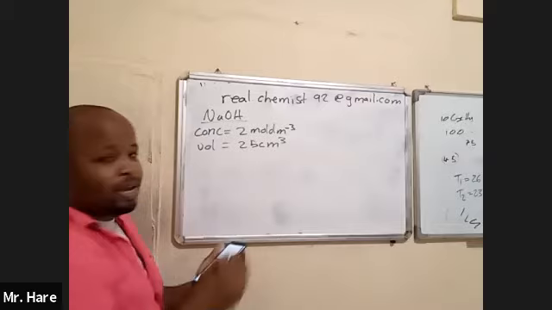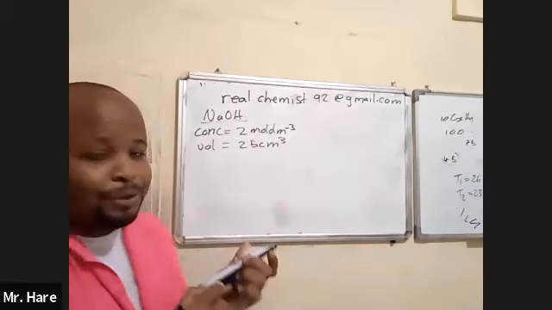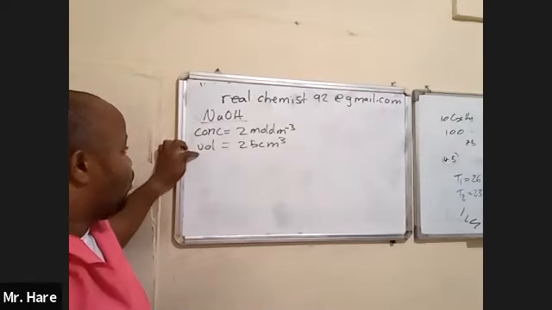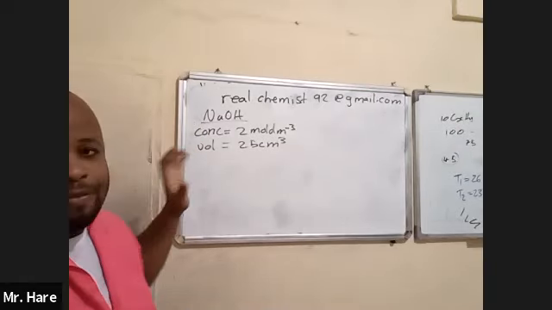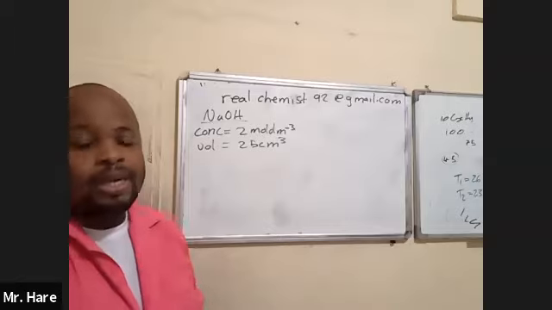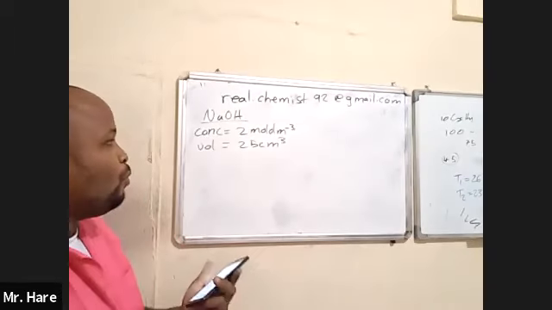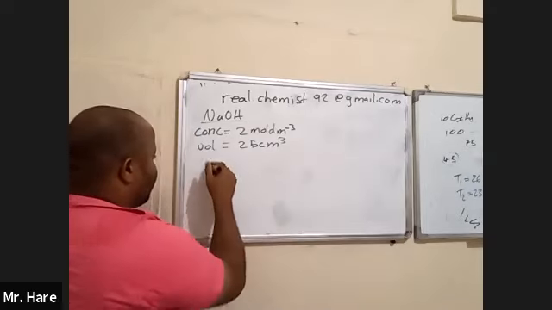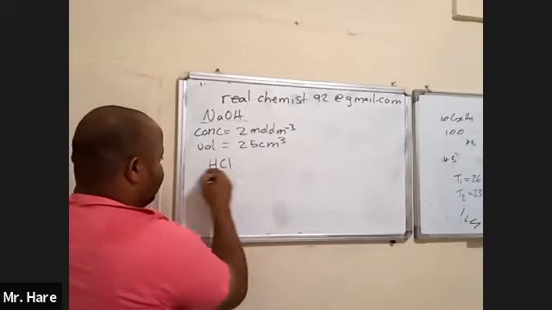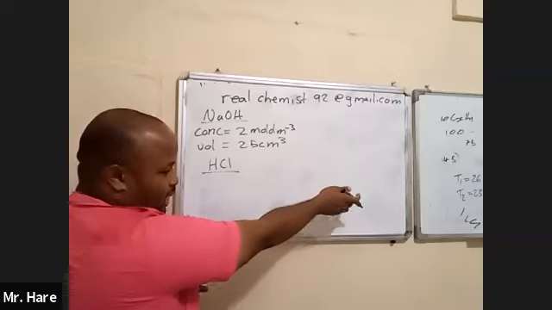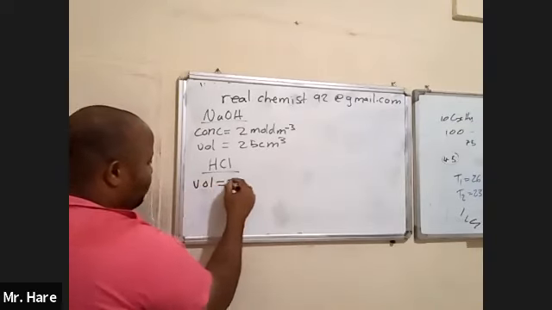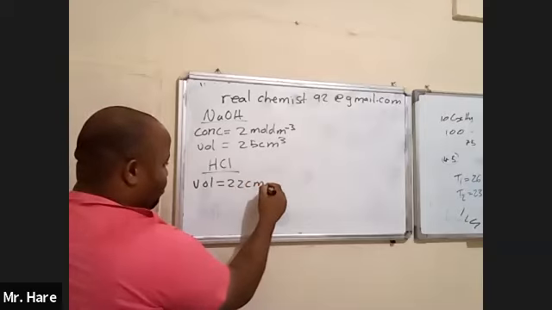And if you recall, I told you that in any titration, you have to get concentration and volume for one of the substances. And for the next substance, all you would have gotten was the volume, which in this case is HCl. And from the example, I had said the volume of HCl was 22 cm cube.